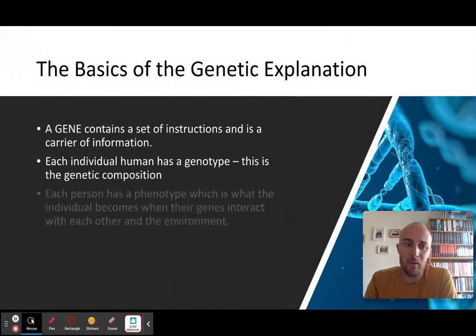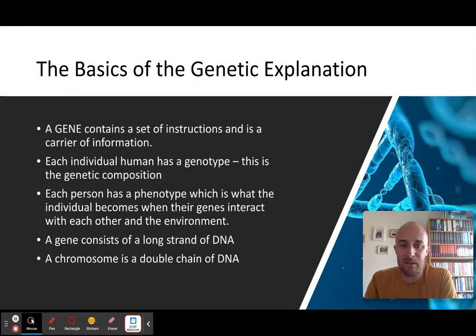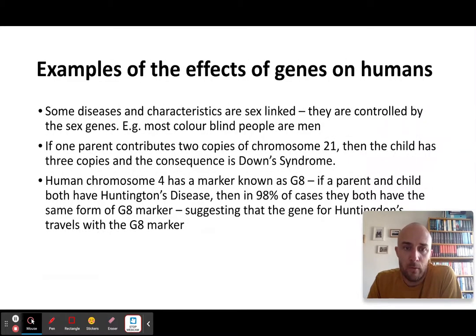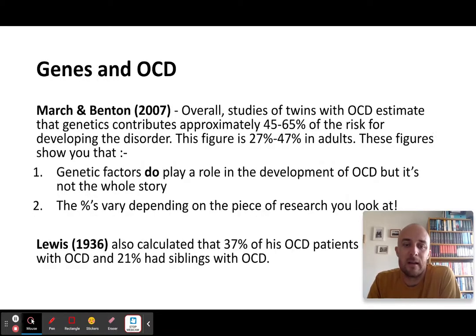I'm not going to go through all of this because it's a lot of general genetic stuff. Again, the slides are on Google Classroom if you want to go through this. The whole point of these slides is what genes are and how genes work. You don't necessarily need to know this, but let's get on to genes and OCD specifically.